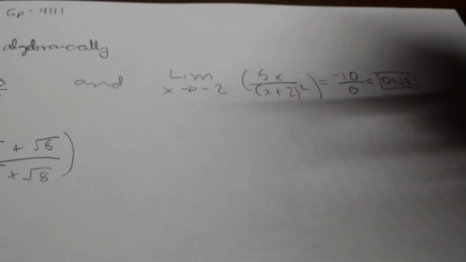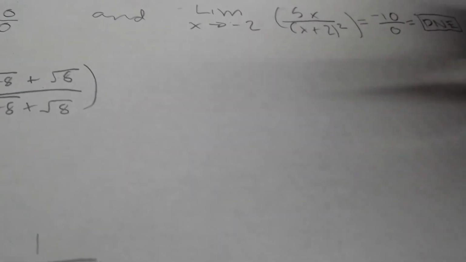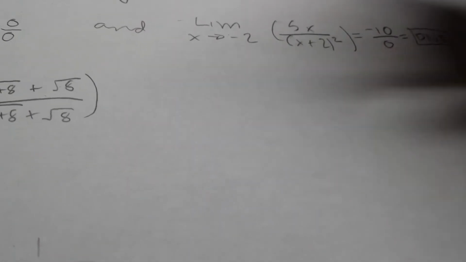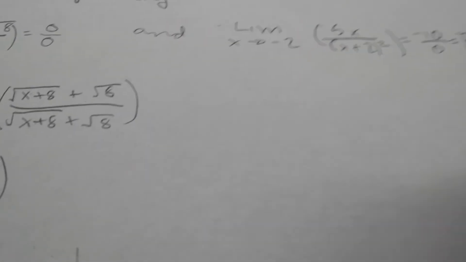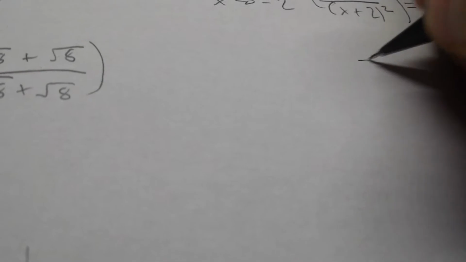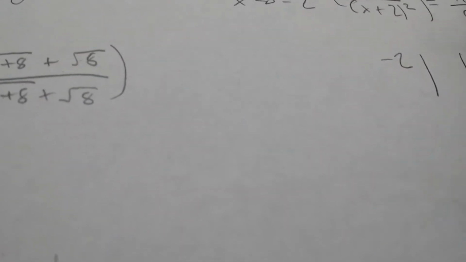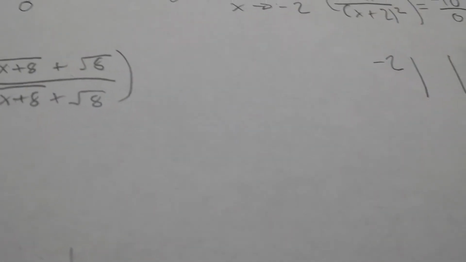But if you want to do an extra step and solve it also numerically, you can do it to know if it goes to positive infinity or negative infinity. What you need to do is just put the minus 2 and like 2 or 3 rows on each side.